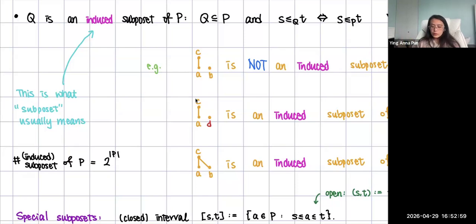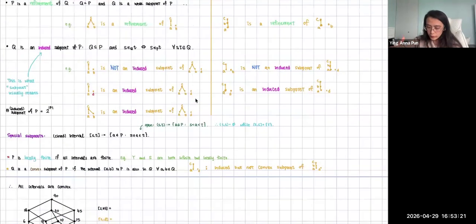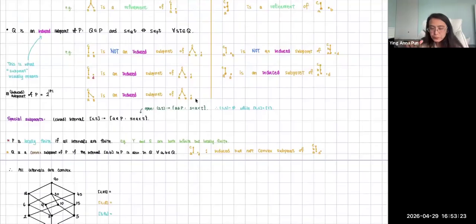Therefore, the set of elements that you pick uniquely determines your Hasse diagram. So you just need to count the number of subsets, and therefore it is 2 to the power of the size of P. So these are all the things that we talked about last lecture. Hopefully that gives you a quick review.